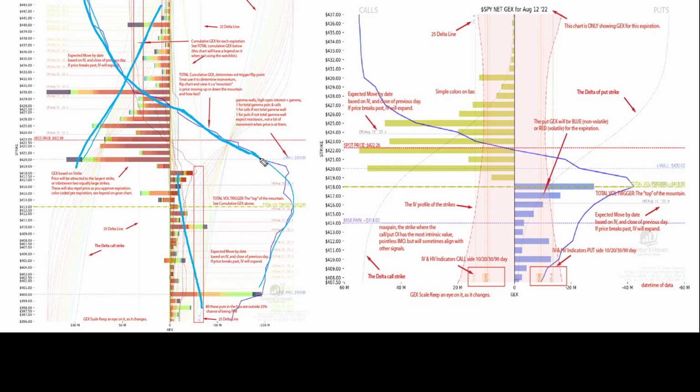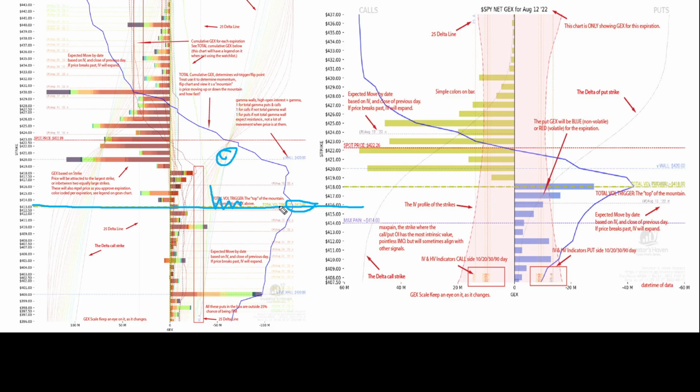You can see this line pointing as a pivot here, and this pivot gives us the line in the sand, where the price can act as support if price is over the volatility trigger.